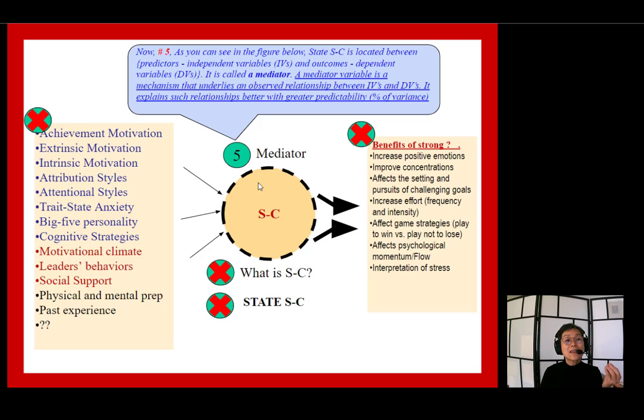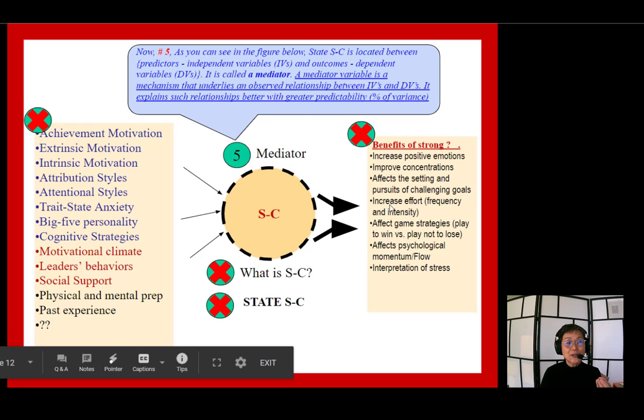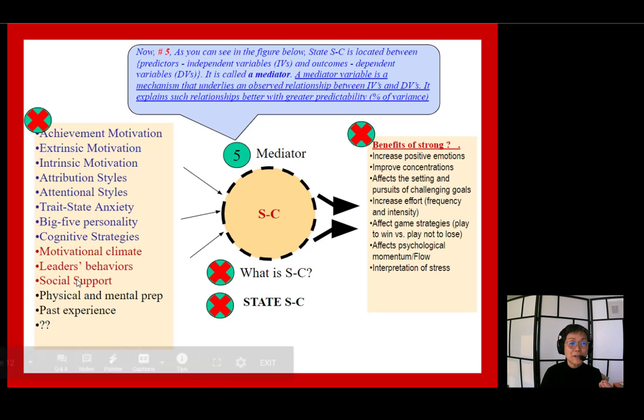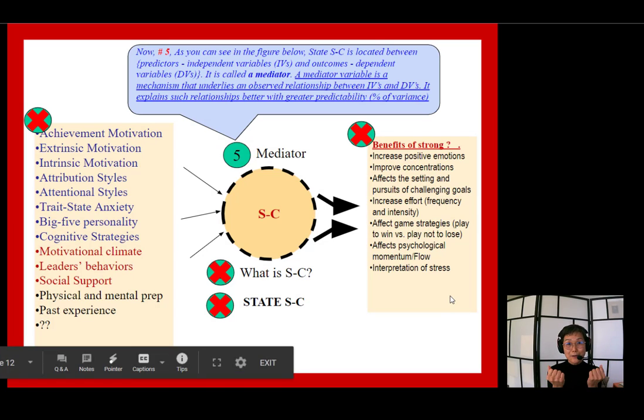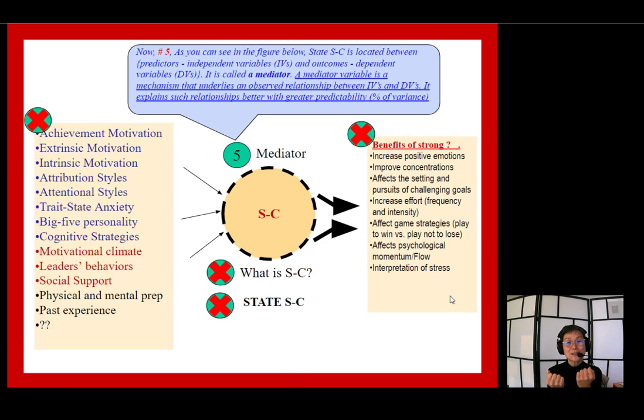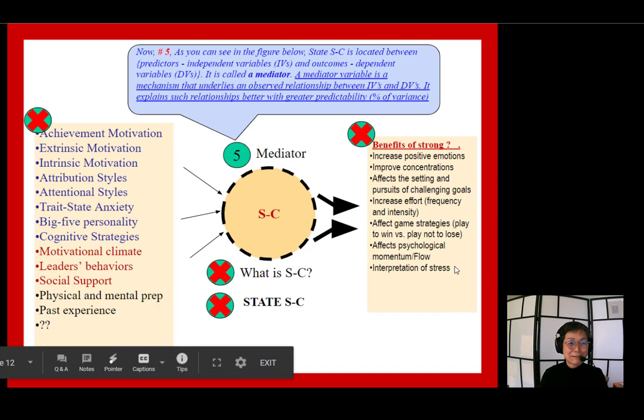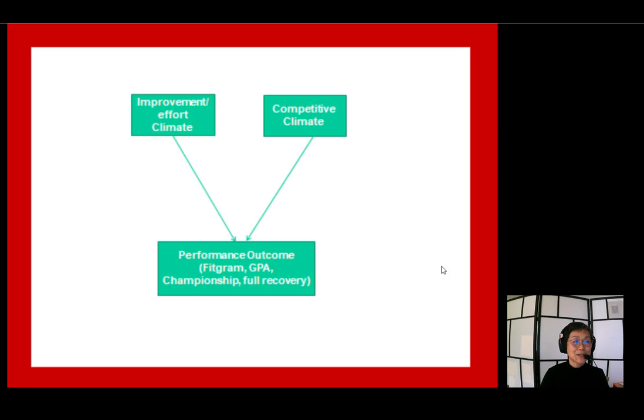Mediator means this variable explains the mechanisms between these two relationships, the relationship between the independent variable and the dependent variable, but the mediator in the middle tries to explain why that relationship is happening. Okay, I'm going to give you more examples so that you can understand the role of a mediator. Here we go. So motivational climate, we learned earlier before this topic.